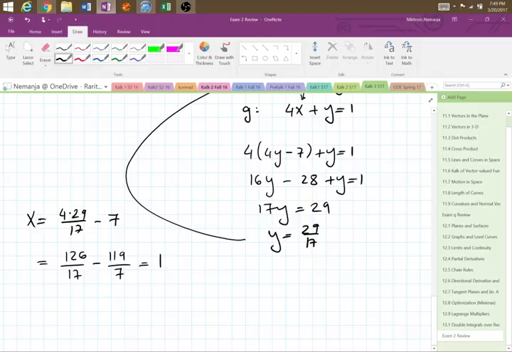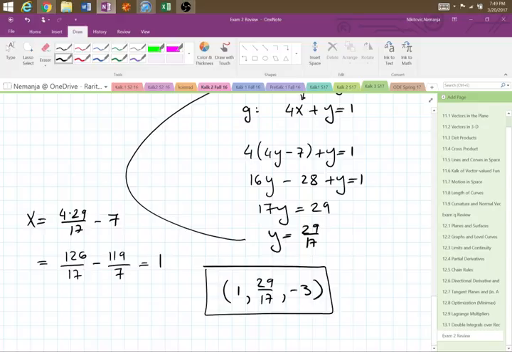Sounds good to me. So the point is negative 3 over 17, 29 over 17, and negative 3, x, y, and z.